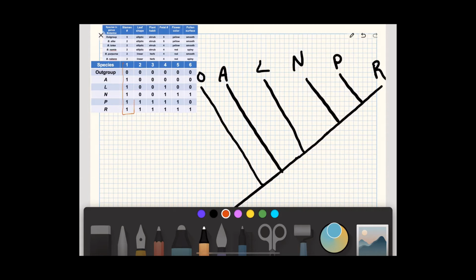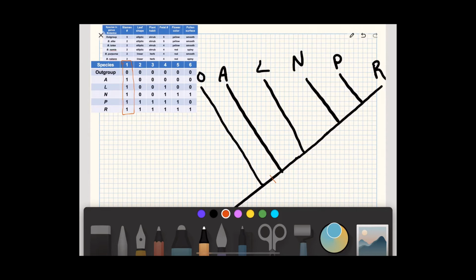Now that we have a likely scenario for how all of these taxa might have evolved from one another, let's map out all of the traits onto this cladogram. Remember, in a real parsimony analysis, we would be comparing the total number of trait changes on this cladogram relative to other possible cladograms of these 5 species.